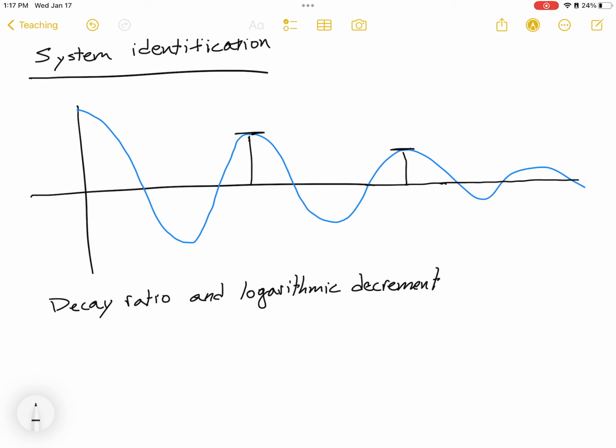We're going to call this line some y equilibrium, which is not necessarily zero.